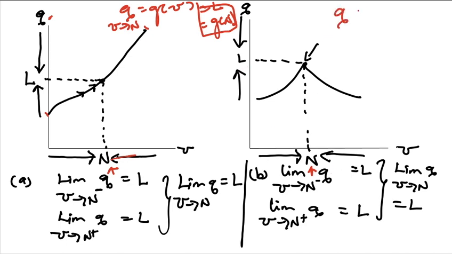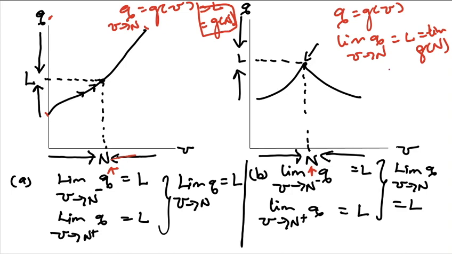So we know that q as a function of v, as v approaches n, when we talk about limit, the limit of q as v approaches n is L. And this is actually the limit of g(n), isn't it? So it exists, and the value is this. So the 3 different conditions have been fulfilled.